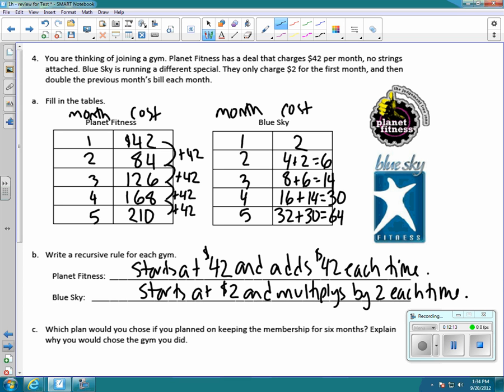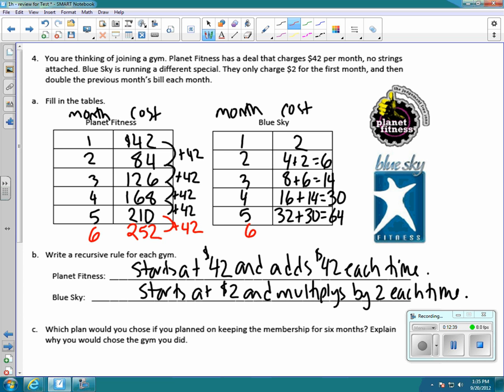Okay, so which plan would you choose if you planned on keeping the membership for 6 months? And explain why you would choose that gym. So in order to get that answer, we'd have to do one more iteration on our charts. So if I added $42 for this one more, then I'd be up to $252, and that would be at the end of 6 months.